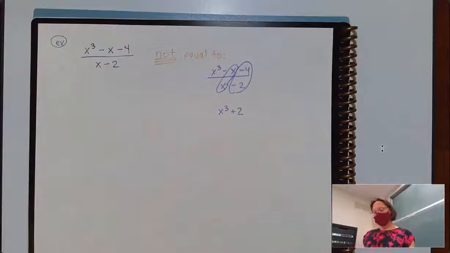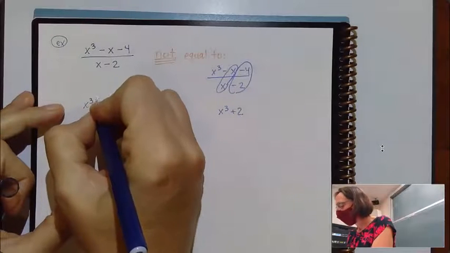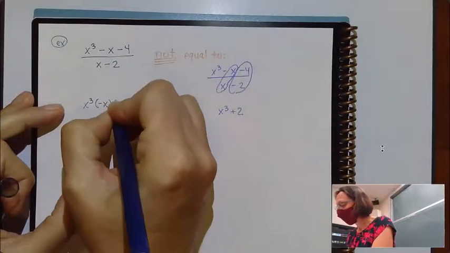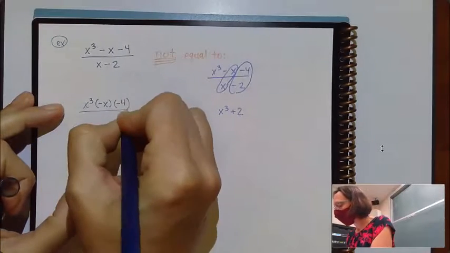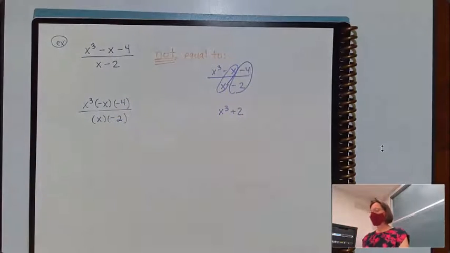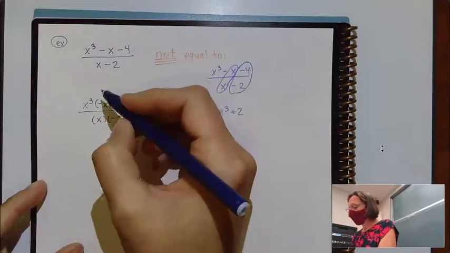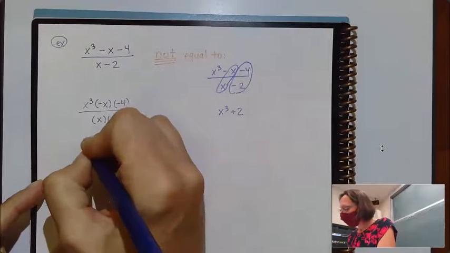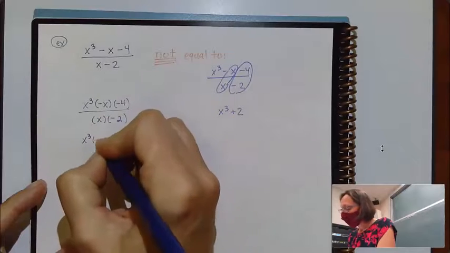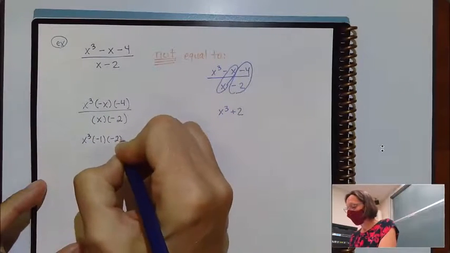If everything was multiplied together, so if I had x cubed times -x times -4 over x times -2, this one I'm going to simplify all day long. Correctly, my -x over x would become a -1, and the -4 over -2 would become a 2.